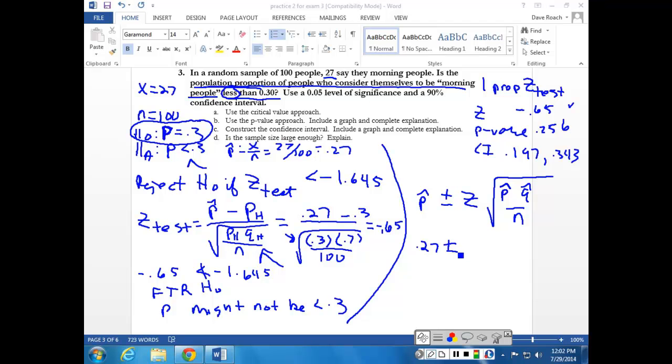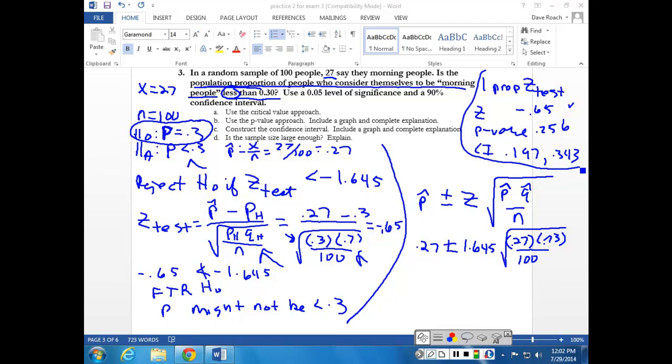And so now we have 0.27. For a 90%, that's 1.645. The square root of 0.27 times 0.73, divided by 100. If you got those mixed, if you use the 0.27 over here or the 0.3 over here, when you check your calculation, you're not going to get these numbers that we have over here.